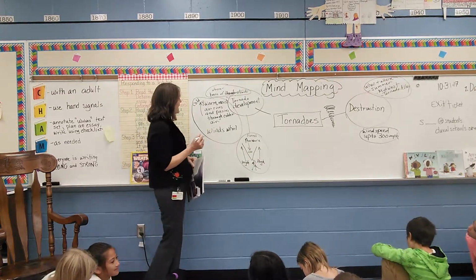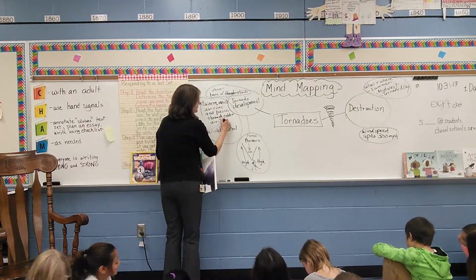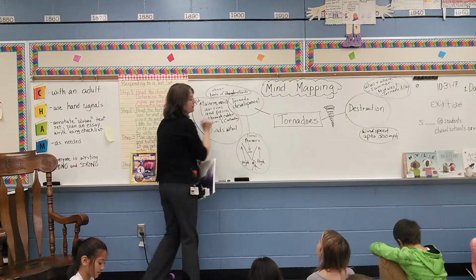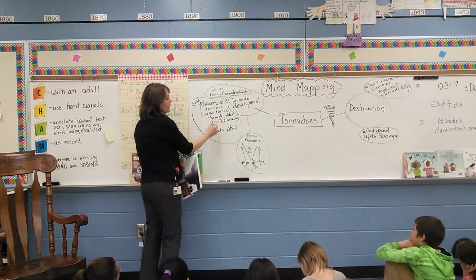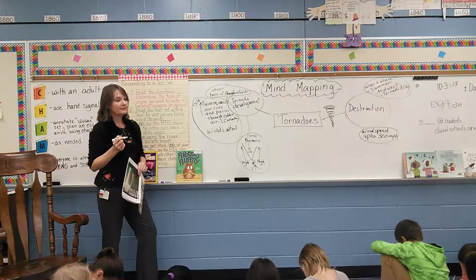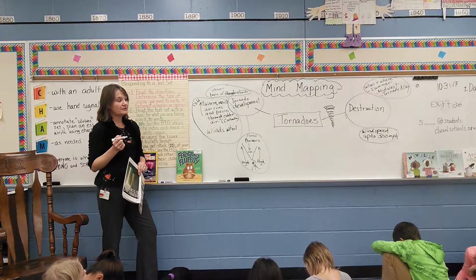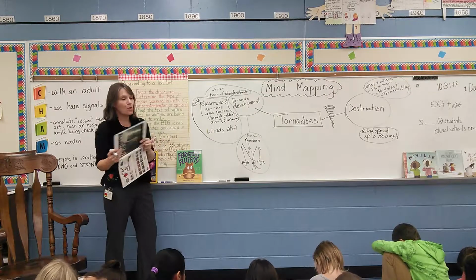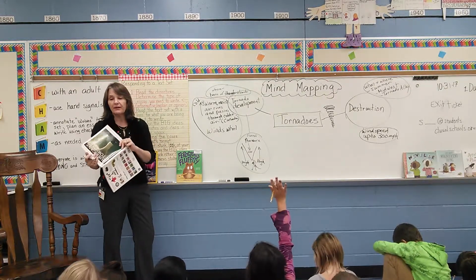Now it says here, cold air from Canada. Can we add this right here? Colder air from Canada. You see how I just did that? Yes. Okay, and where did the warm air come from? Where did the warm, moist air come from? Olivia? Midwest.